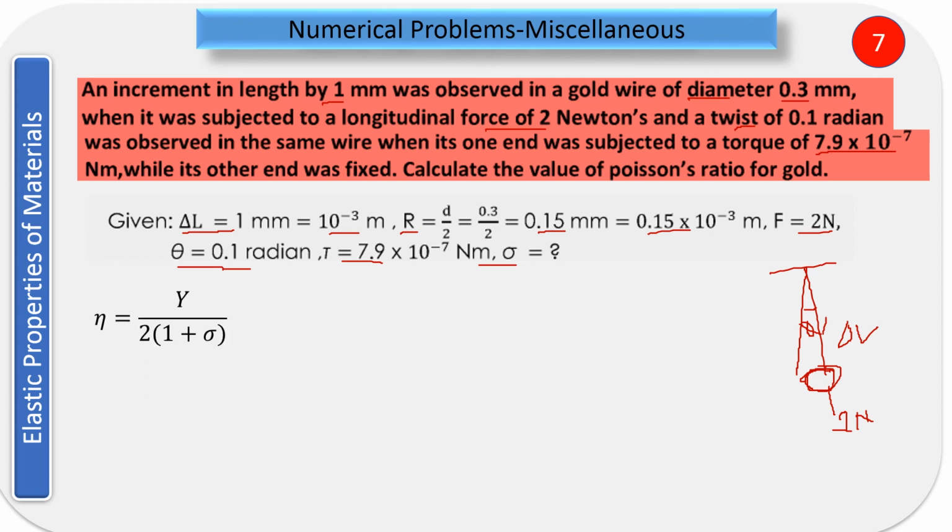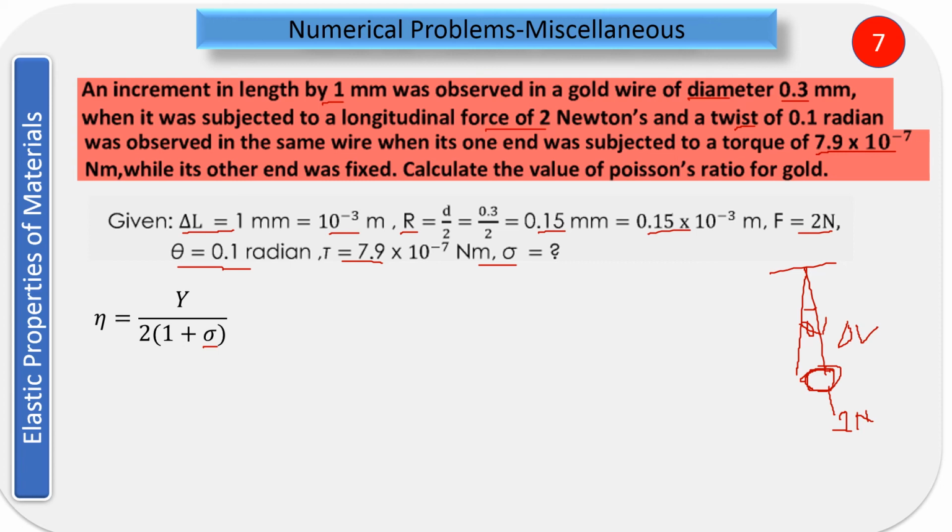and then find out the value of the Poisson's ratio. So we know the relation between the different moduli. We have already derived this formula: modulus of rigidity is equal to Young's modulus upon 2 into 1 plus sigma, where sigma is the Poisson's ratio.